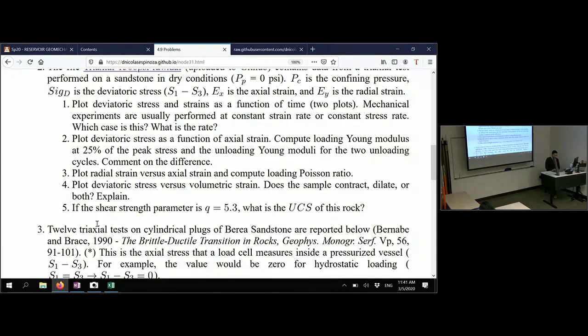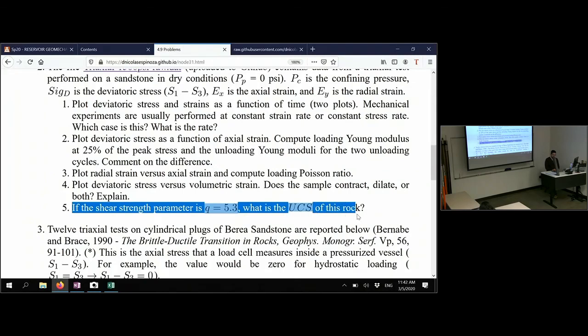There is one more thing, and this is asking you to predict what the UCS will be if you knew what the shear strength parameter Q is. And basically what that is asking you is to do an extrapolation.